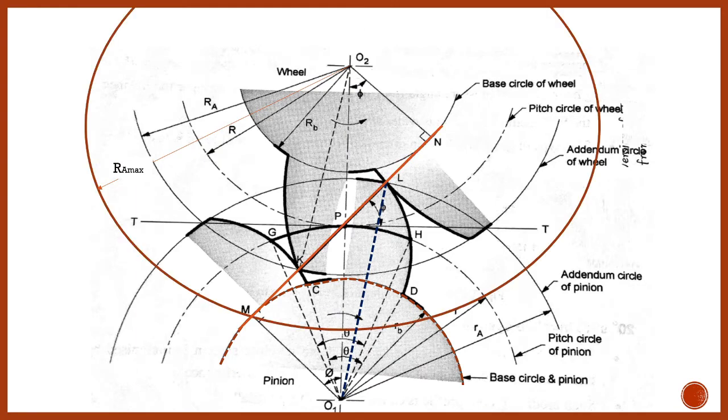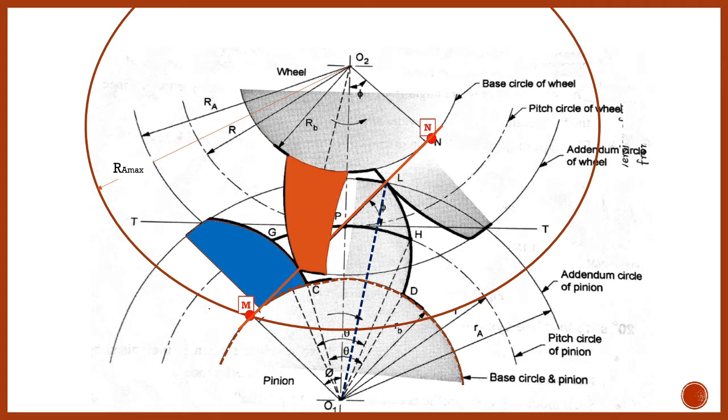This is the maximum addendum circle radius. These are the two interference points. Now here we will find there is a contact between involute profiles. That means the gears satisfy the law of gearing, and there is no interference.